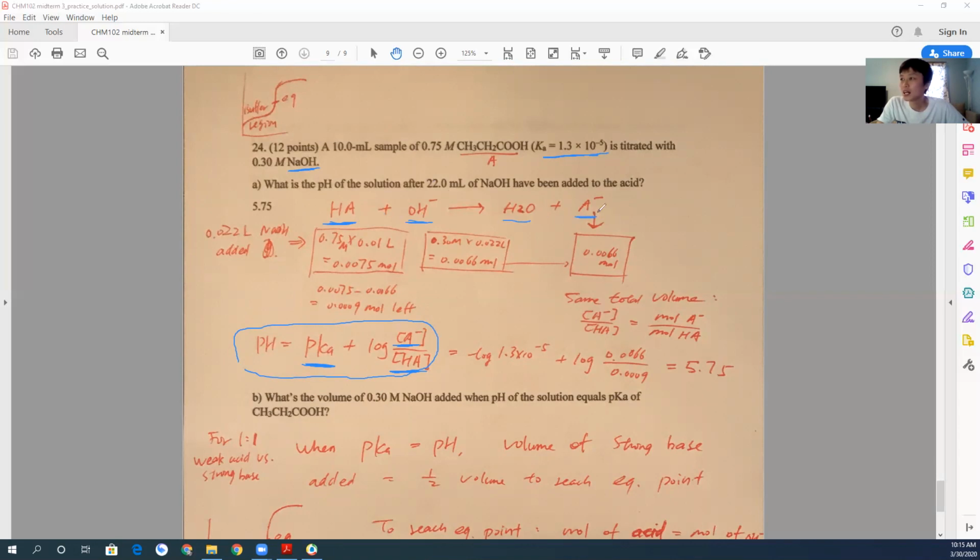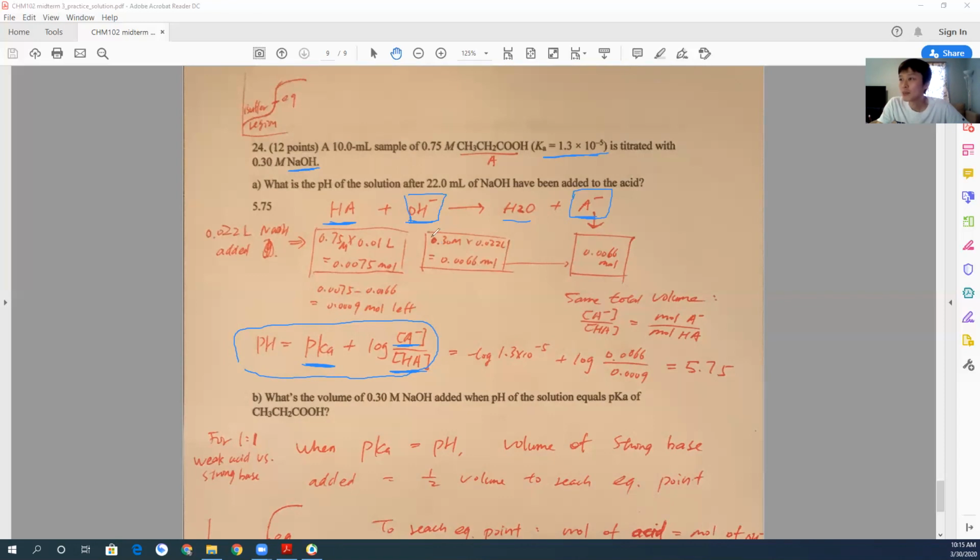So the amount of conjugate base is equal to the hydroxide from the strong base. We add 22 milliliters of sodium hydroxide, so the number of moles of hydroxide added will be concentration times volume, which is 0.0066 moles.